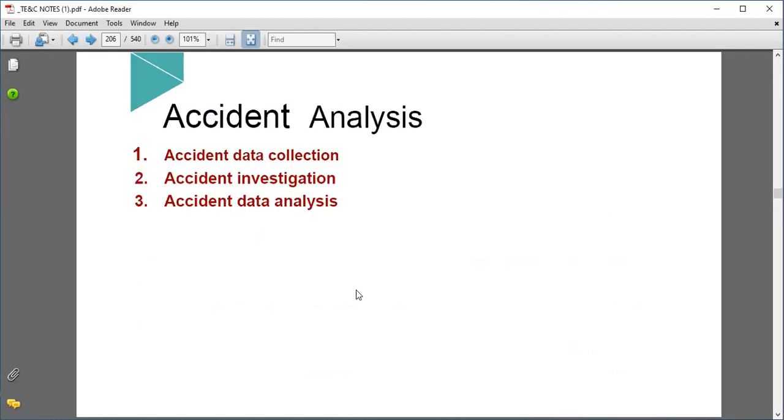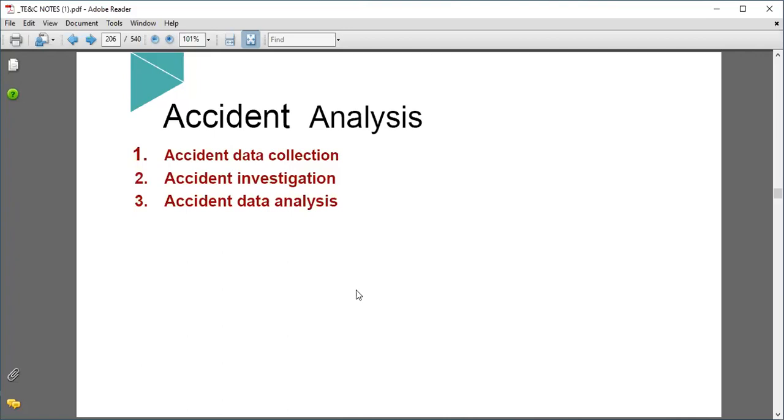In the accident data collection, we have to collect information about the accident, how it occurred, in what manner it occurred, what the different vehicles were, and how much vehicle damage occurred. All that information we have to cover with respect to place, time, and area, and how many accidents happen over there.